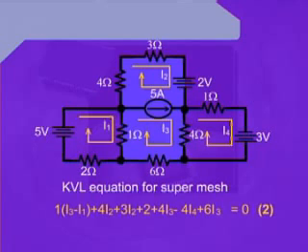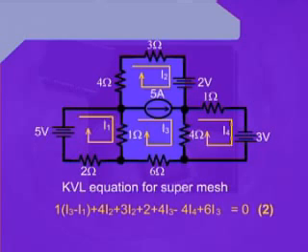Therefore, we can write a plus sign, and since this voltage source has a value of 2 volts, we write 2. As we pass through this independent voltage source, we reach the 4 ohm resistance.